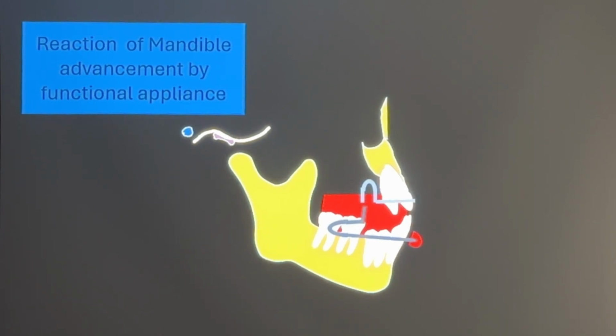One or two months later, if your patient wears the functional appliance correctly, there is a 1 millimeter space in the lower posterior area.